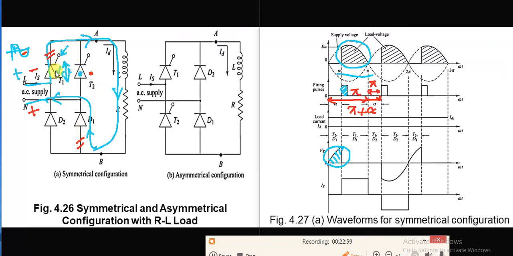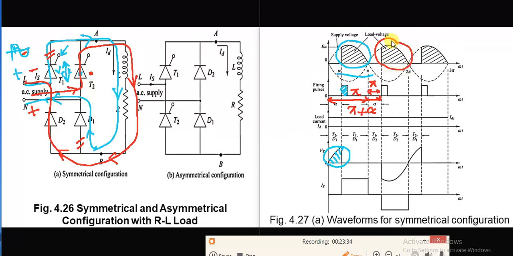So the current will flow from this neutral through T2, through the inductive load, to the diode D2 and it will go back to the L. So during both positive and negative half cycles, the direction of current flow is the same.